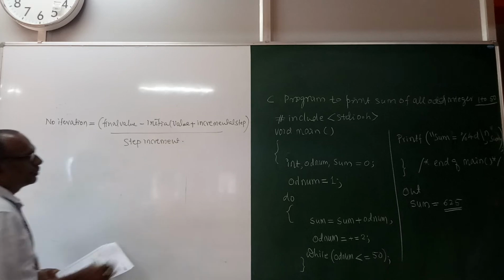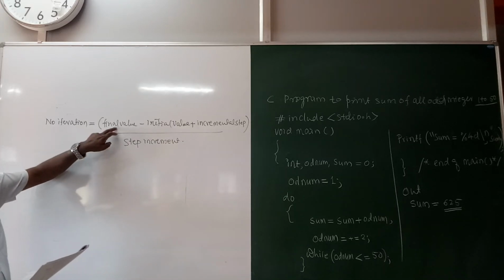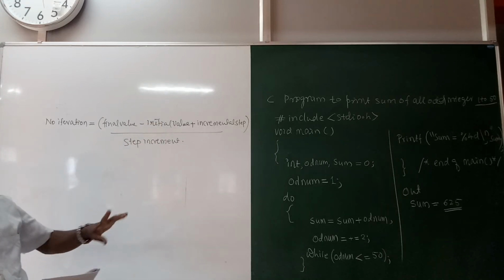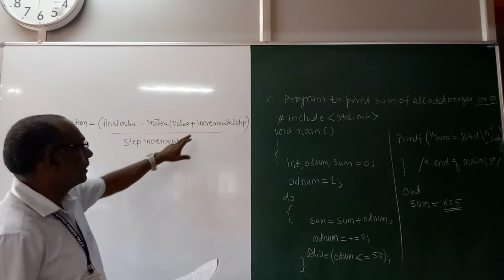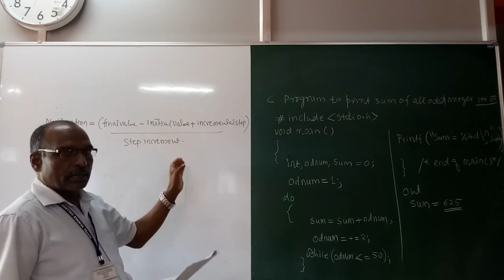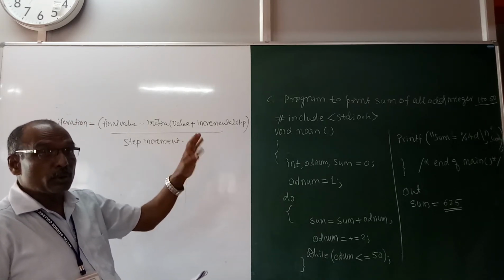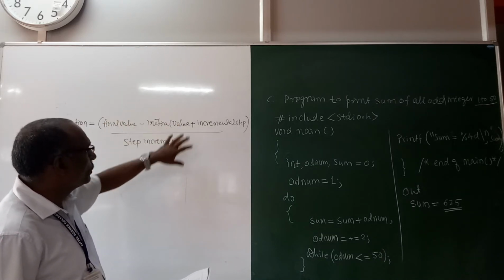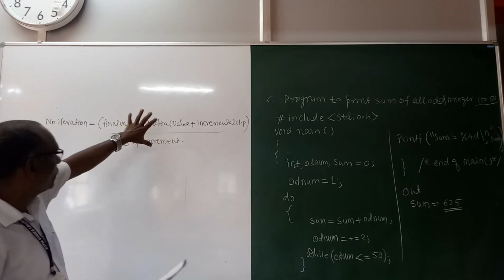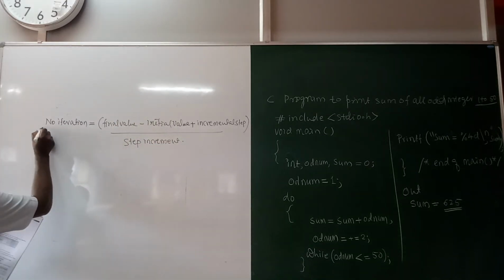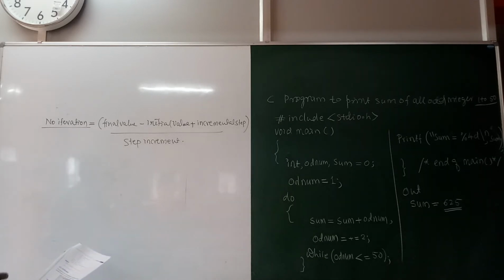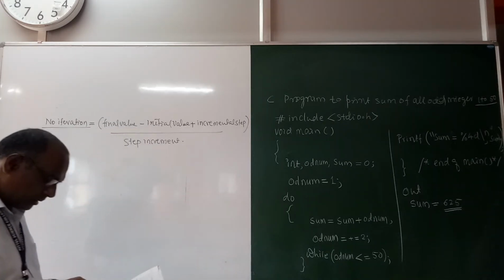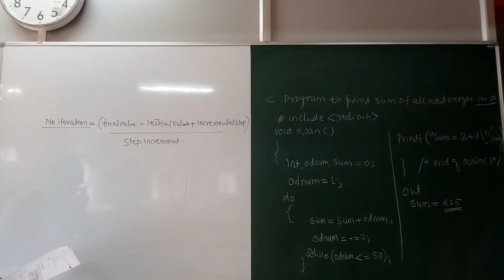If you know the final value of the loop, the initial value of the loop, and the steps to be taken, i equal to 1, i equal to 2, like that, incremented by 1 using the increment operator, this will give an integer, the number of iterations. We cannot have a floating point number of iterations.